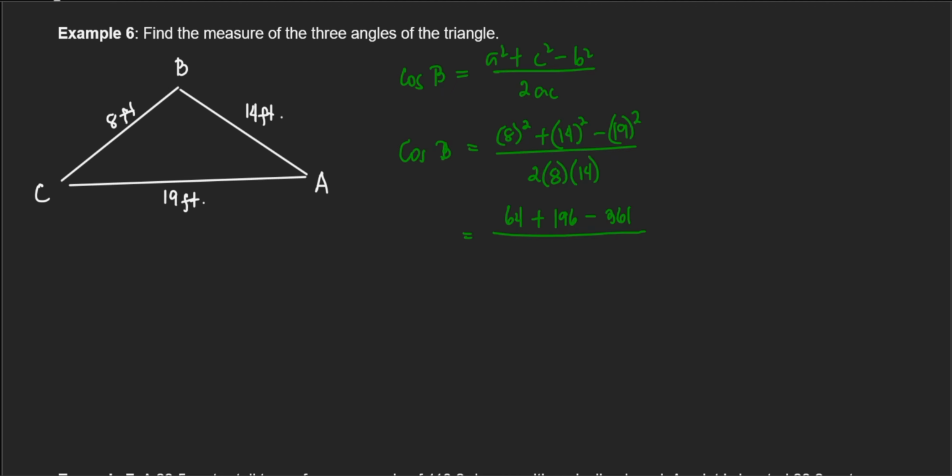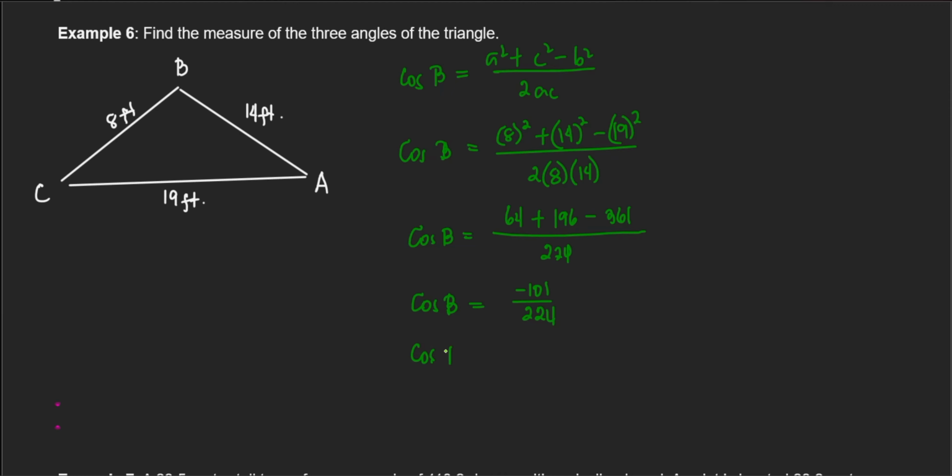Okay. Now, calculate the denominator. So 2 times 8 times 14, that is equivalent to 224. So cos B is equal to, i-add mo lahat yung nasa numerator, then subtract. So 64 plus 196, that is 260, minus 361, so that is negative 101. So negative 101 over 224.